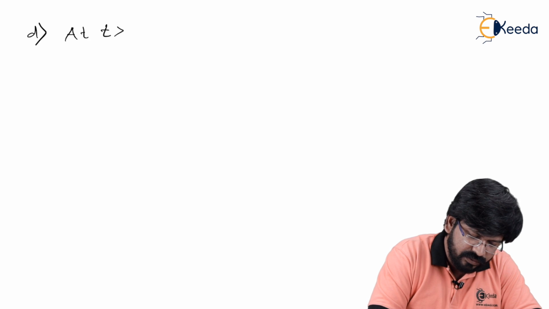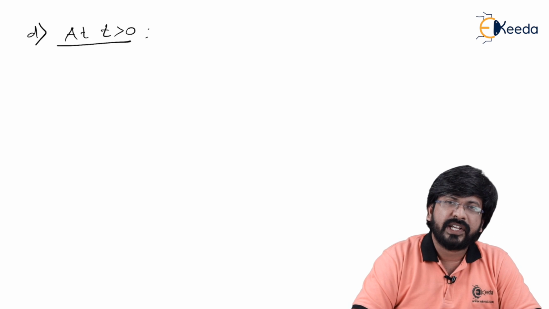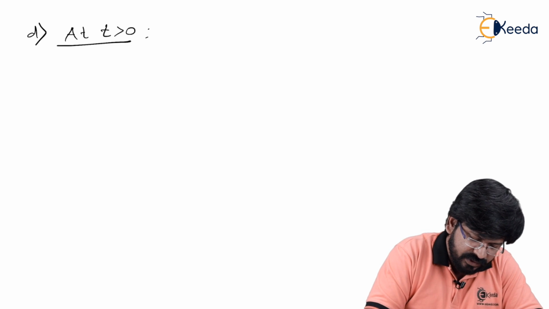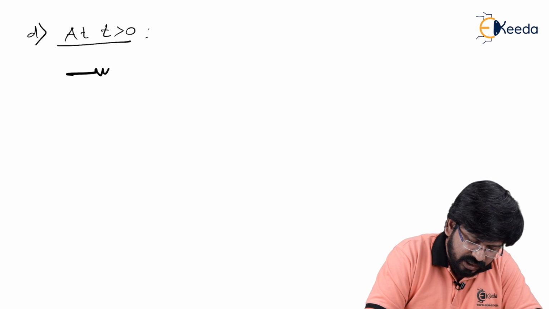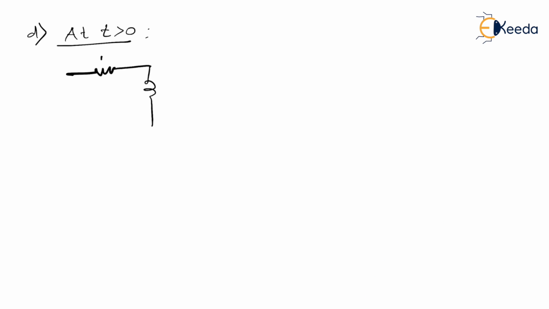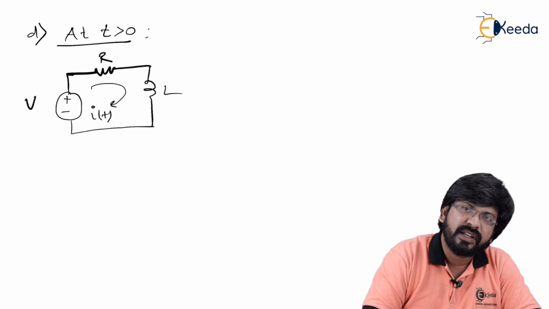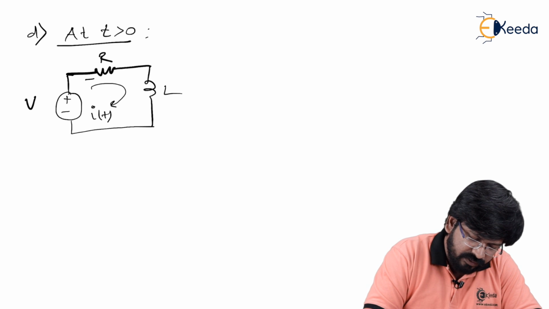Let's see part D. At t greater than 0, please remember, the inductor acts as an inductor, the capacitor acts as a capacitor. Very simple to remember. So let's see. It is just an RL circuit connected to supply, let's say V. The current flowing through this is I of t. Now because of this current, there will be a voltage drop in this polarity.